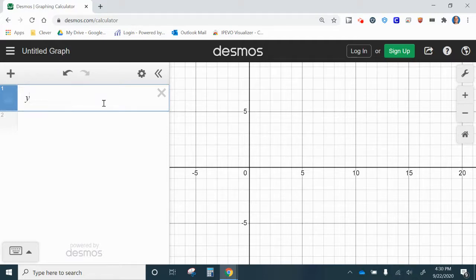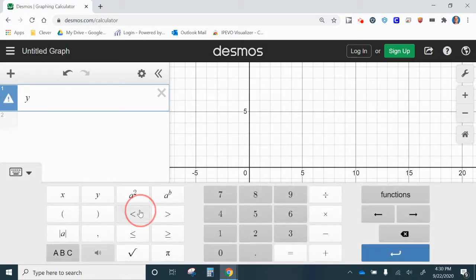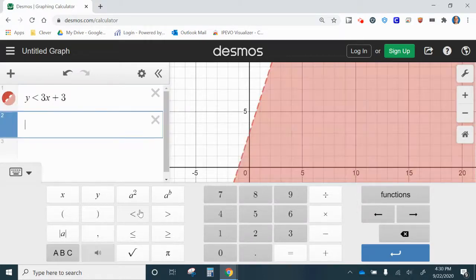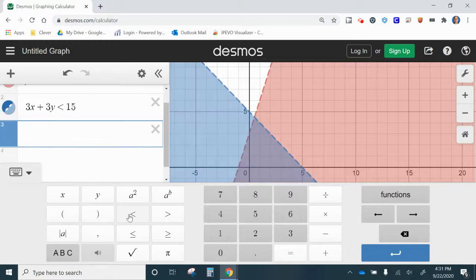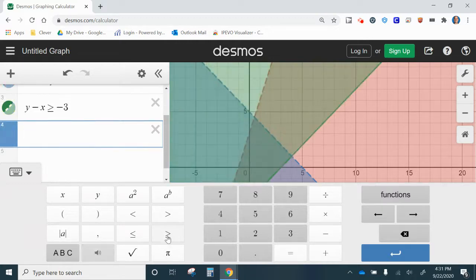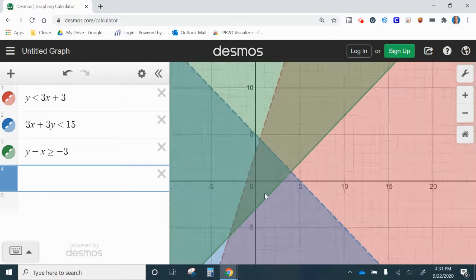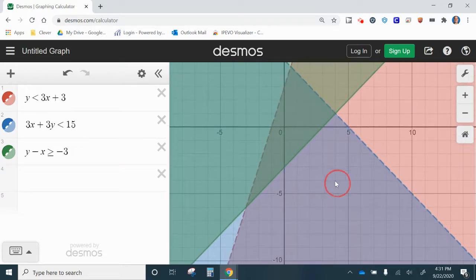So y is less than 3x plus 3. 3x plus 3y is less than 15. And y minus x is greater than or equal to negative 3. All right, so then we're looking for, let me zoom in, this overlapping region triangle area right there.